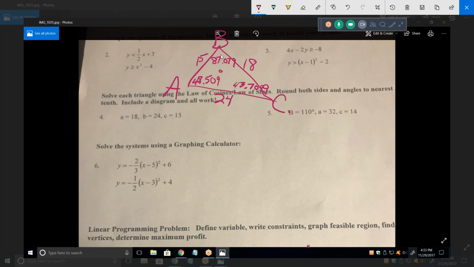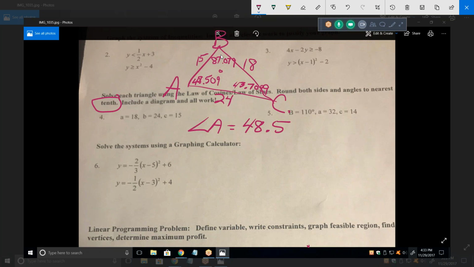Okay, now we're ready to give an answer. This is not the answer because we haven't rounded everything off. So what is angle A equal to? 48.5. Just 48.5. You're rounding it off to the nearest tenth. That's only one spot to the right of the decimal place.